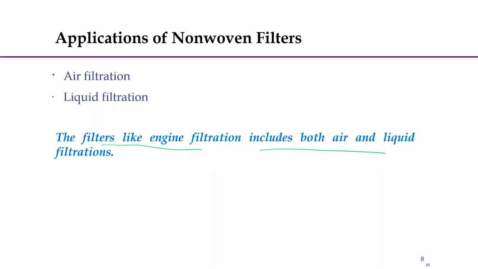In engine filtration, water formation occurs in the air due to cooling and condensation, so liquid formation is there. So, in engine filtration both air and liquid filtration is used. Here, at present, we will be discussing only air filtration.